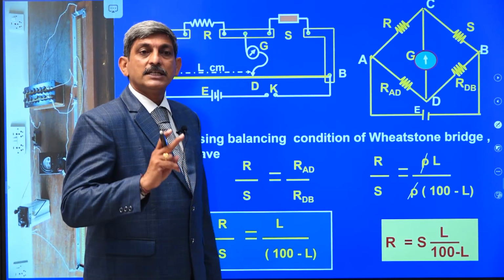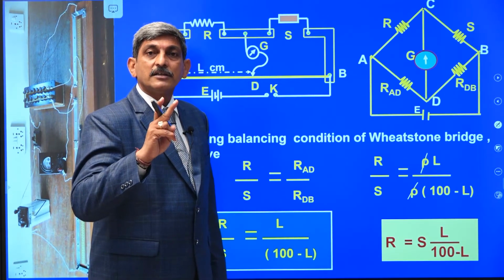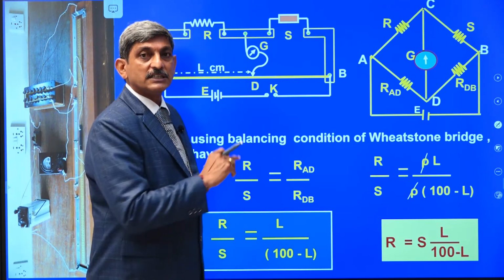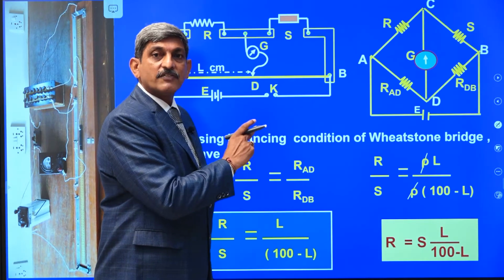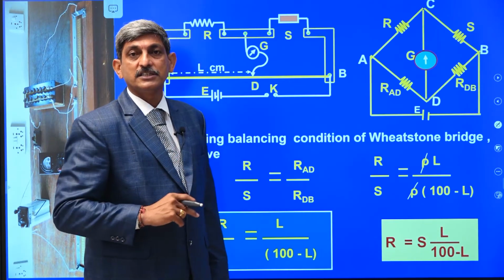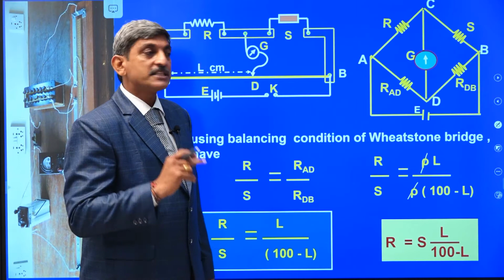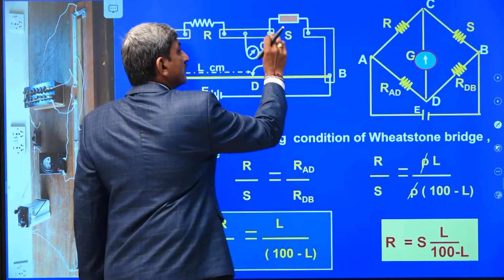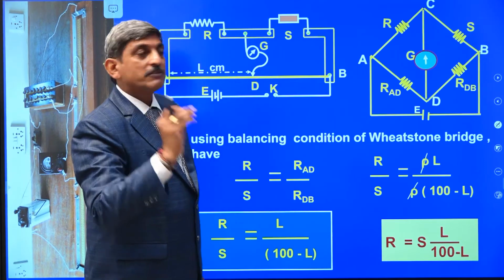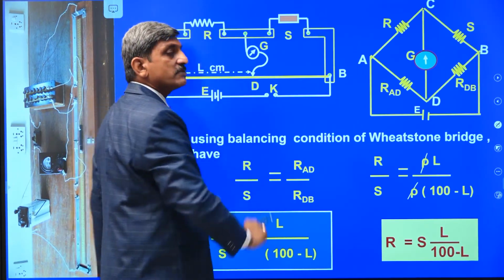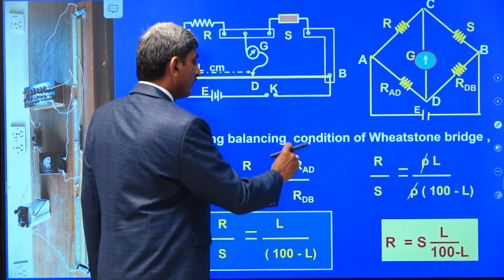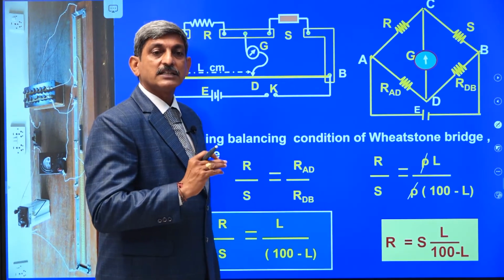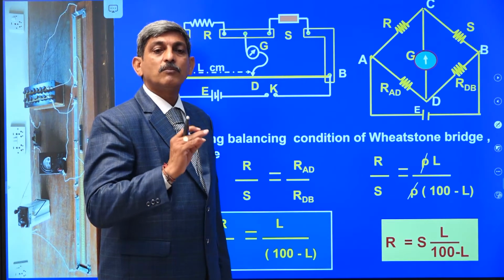That means if the balancing length of the meter bridge is nearer to 50 centimeters, then the calculation of unknown resistance has more accuracy. It needs that the standard resistance value must be equal to the unknown resistance value. Then only we get the balancing point nearer to 50 centimeters, and the calculations will become more accurate.